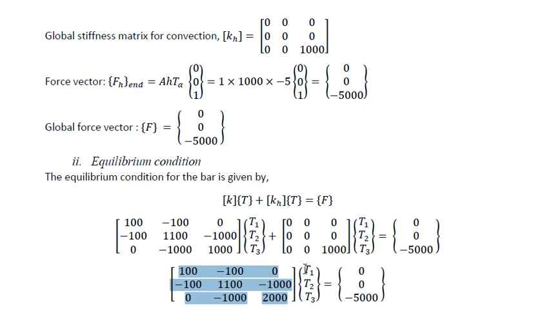So K into T1, T2, T3 is equal to the force vector 0, 0, minus 5000. So this is the expression for equilibrium of the system. Now we have to apply the boundary condition and eliminate the things and find out the temperature.